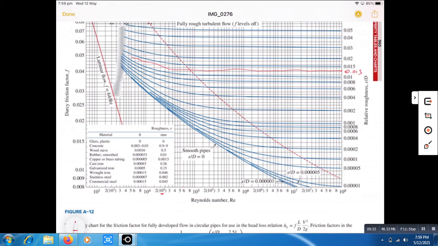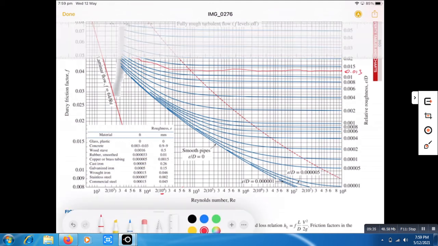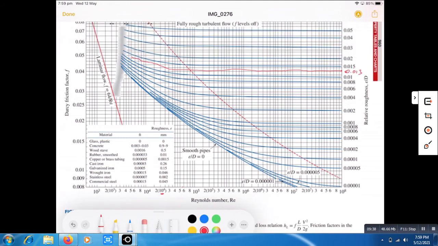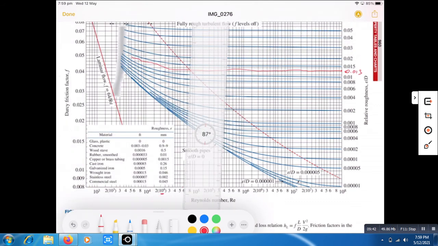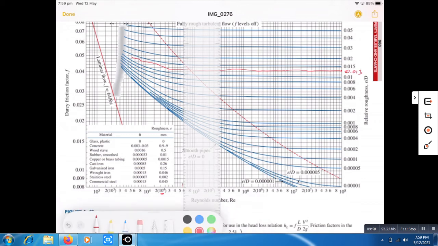We take a ruler and draw, and it cuts this curve at this point.